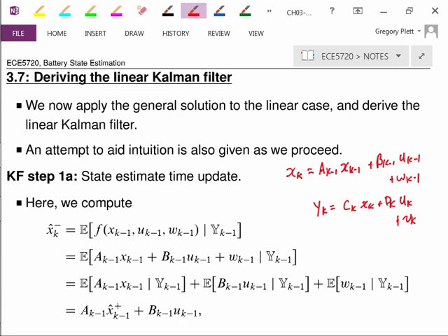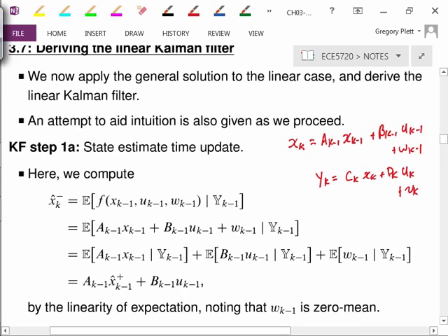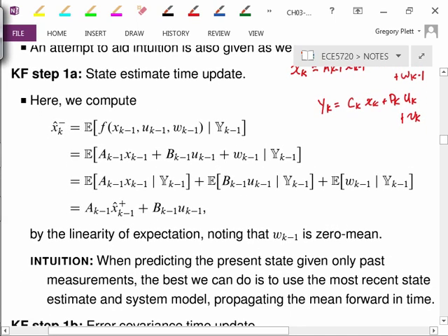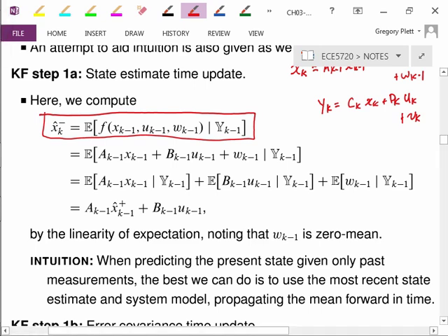With what we've done so far, this is fairly straightforward, and it amounts to algebra more than anything else, which is a lot easier, I think, than calculus and difficult derivations. So we go through the 6 steps. So step 1a, generically speaking, said we need to be able to compute this. We compute a prediction of the present state given the state equation and all previous measured outputs.